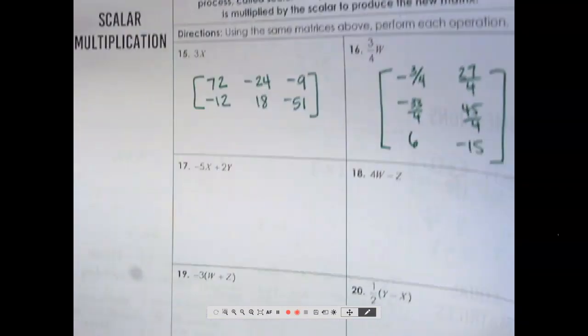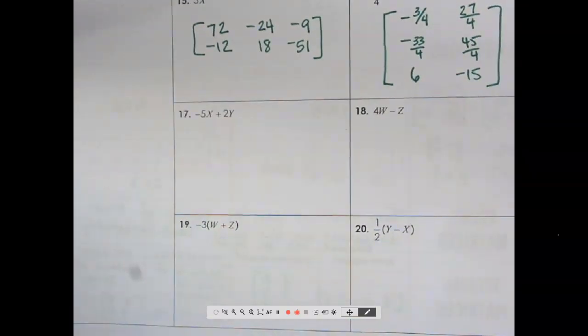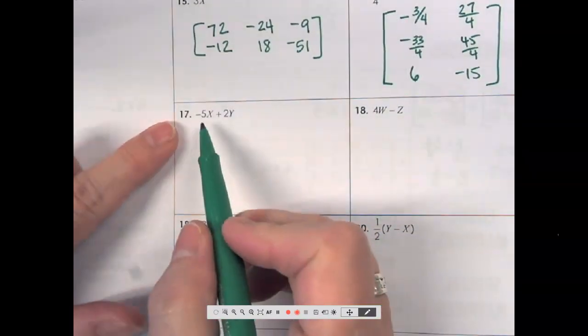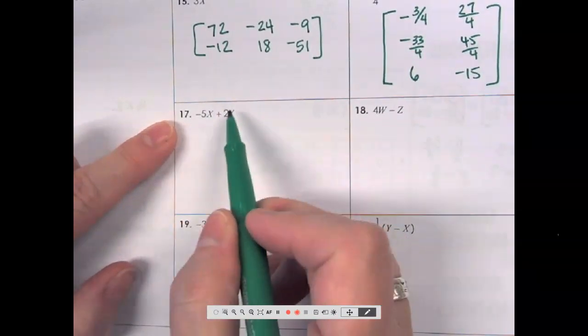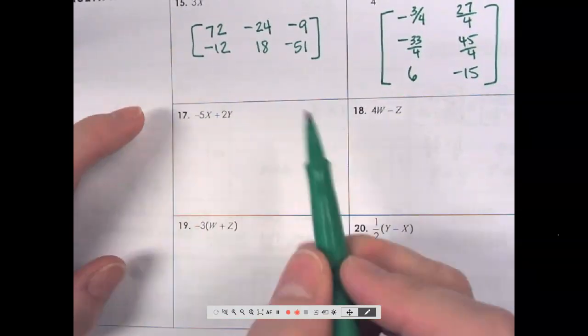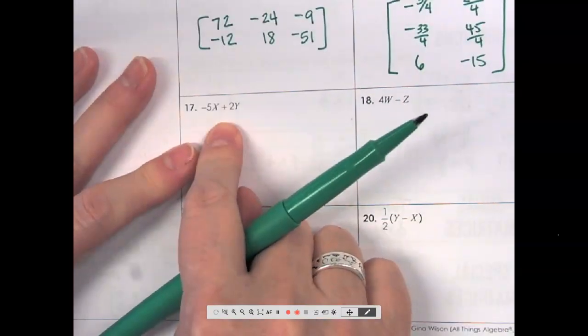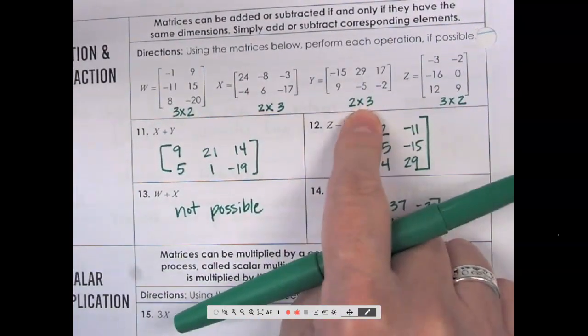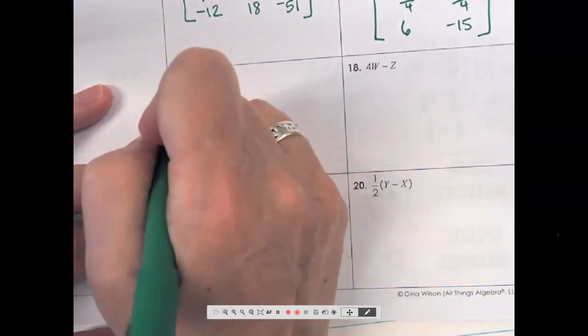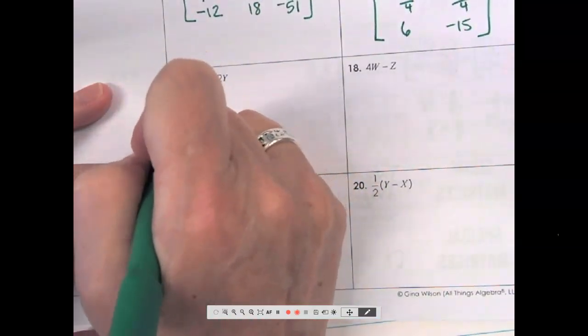All right, so 17. Now we're going to combine the addition with the scalar. So I'm going to figure out what negative 5x is, then what 2y is, and then I'll add them together. So first of all, are they compatible? Yes, x and y have the same dimensions, so we can do this problem. So I'm going to find negative 5x first.